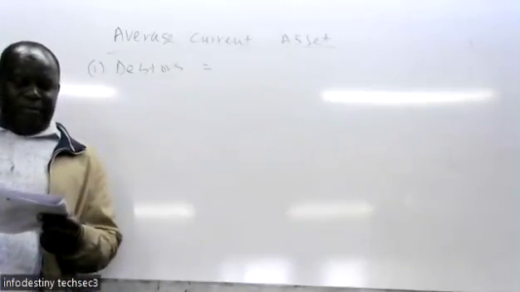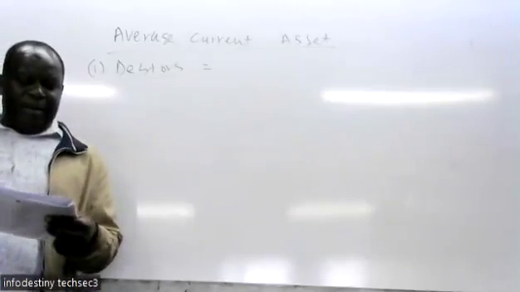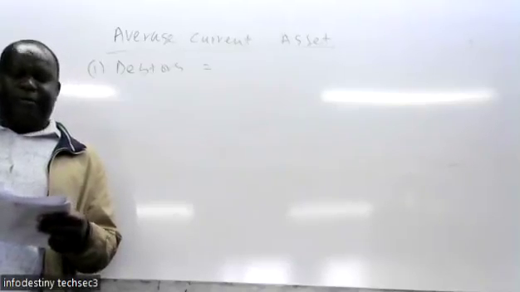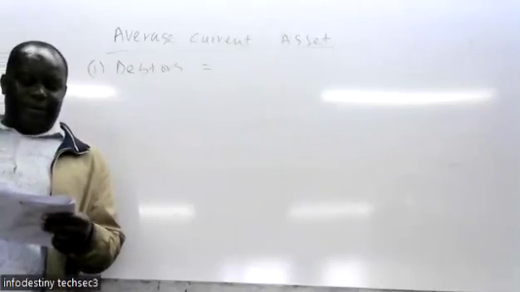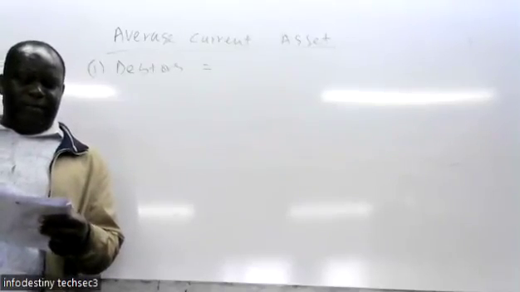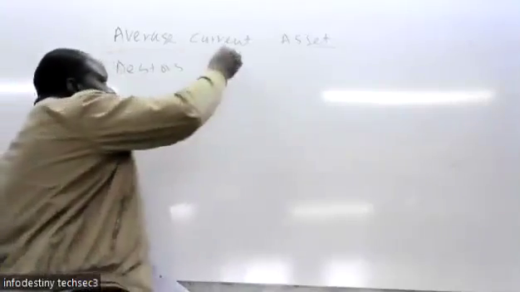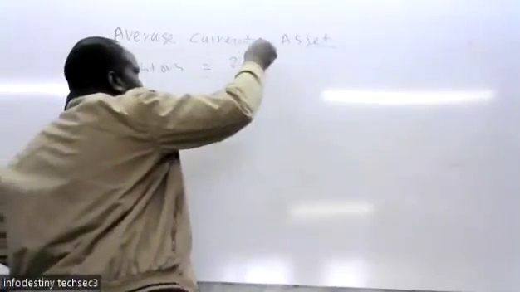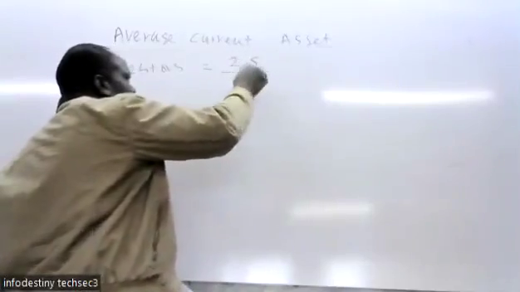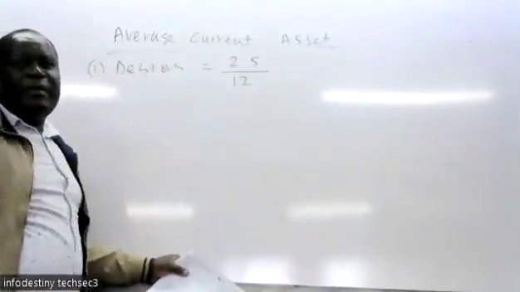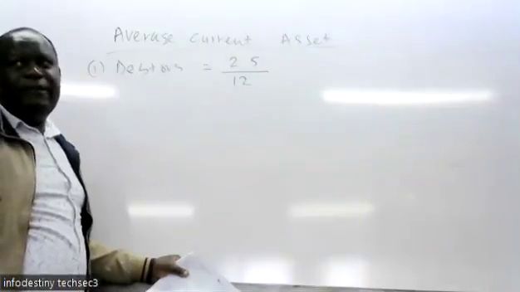You can see on average, accounts receivable will take how long? 2.5 months before payment. So it will be 2.5 divided by 12 months. In a year, we have 12 months.